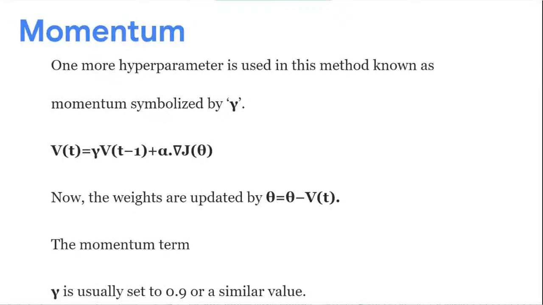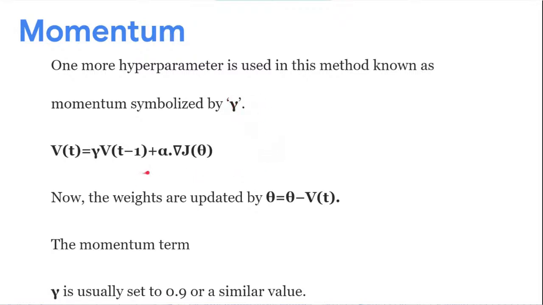It accelerates the convergence toward the relevant direction and reduces the fluctuation in the irrelevant direction. So one more hyperparameter is used in this method, known as the momentum, symbolized by this gamma here.